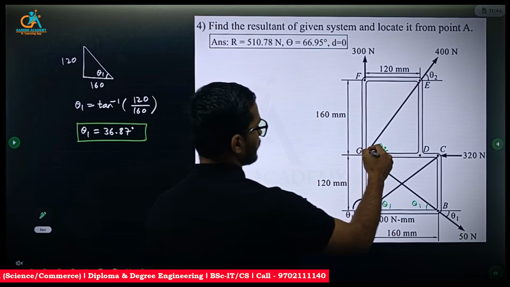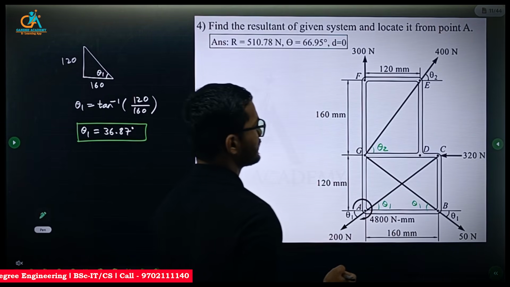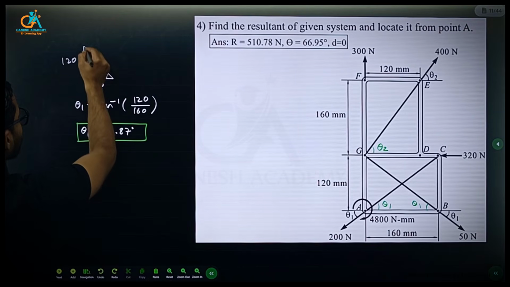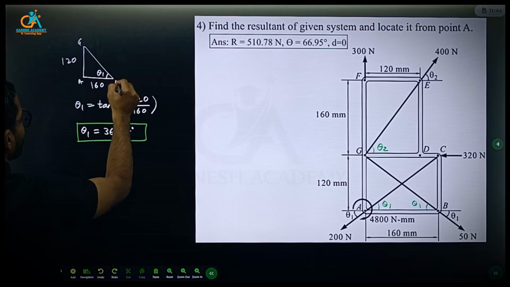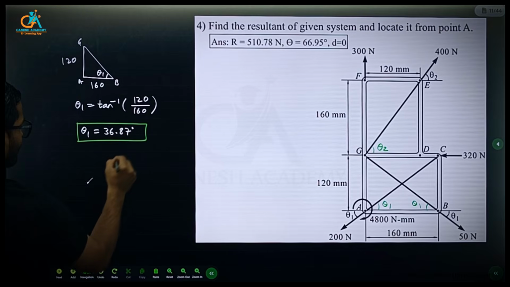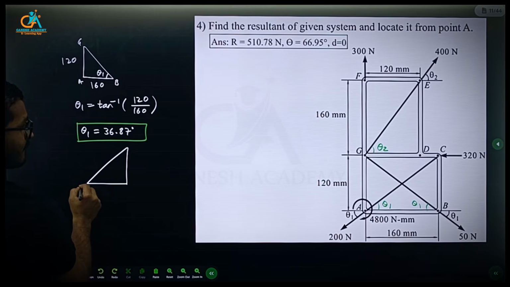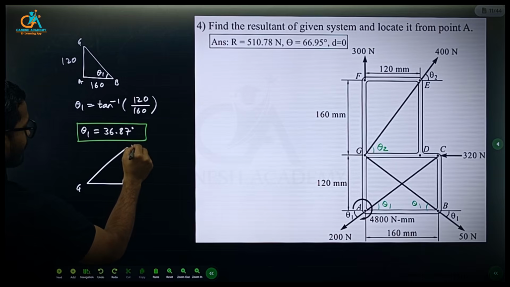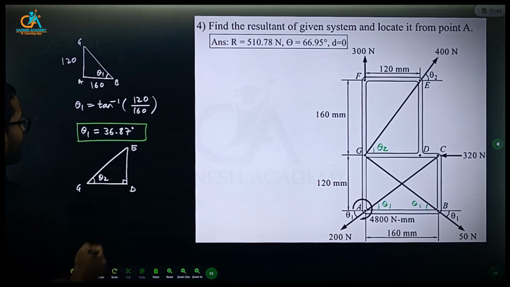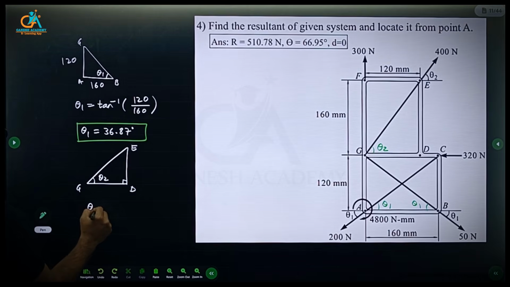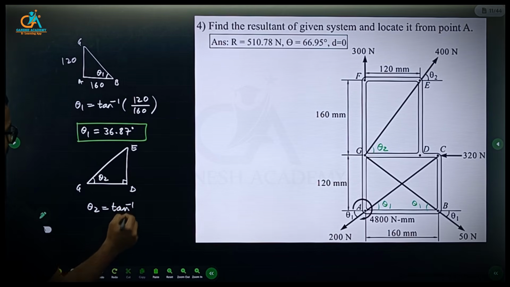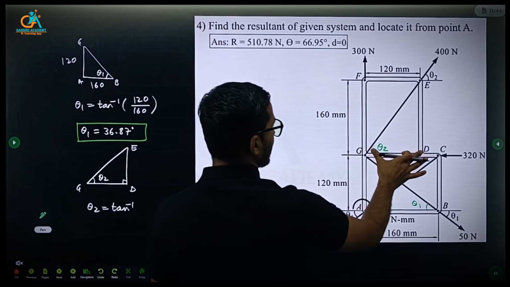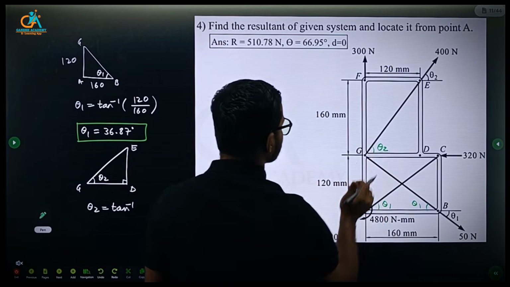And next, for theta 2, consider this triangle GDE. So from here you can say theta 2 is tan inverse of DE, which is 160, and GD, which is 120.